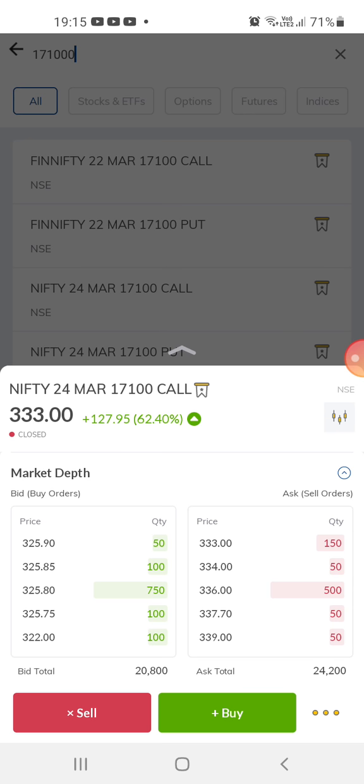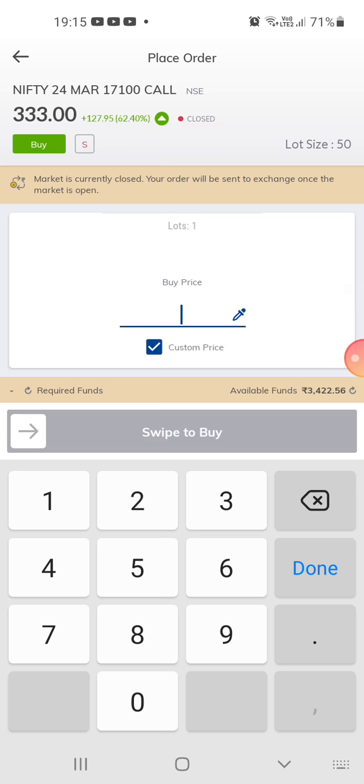Anything you want to play with, you can play with this. For example, this 333 comes to almost over 16,400. These numbers look very small, I'm sorry about that. It's coming to 16,000.